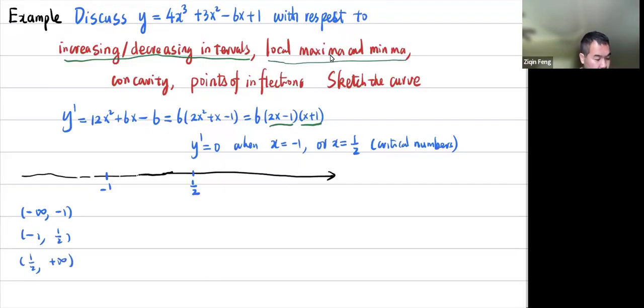And you can decide on each interval whether the derivative f prime is positive or negative. Then you can decide whether the function f is increasing or decreasing, right?